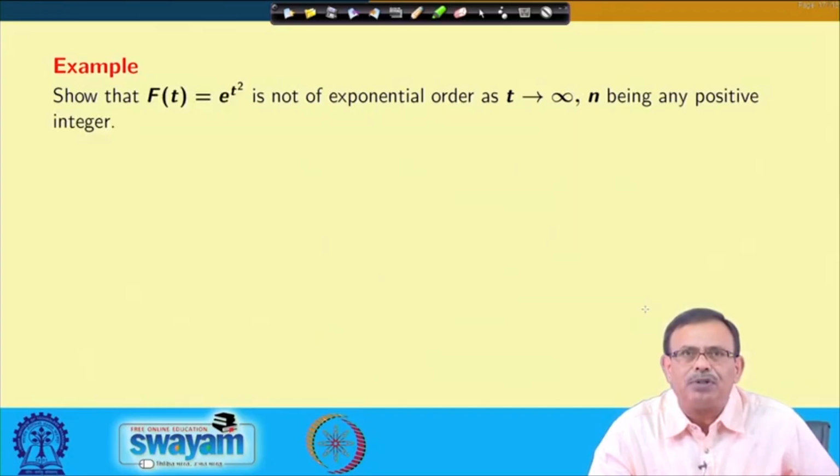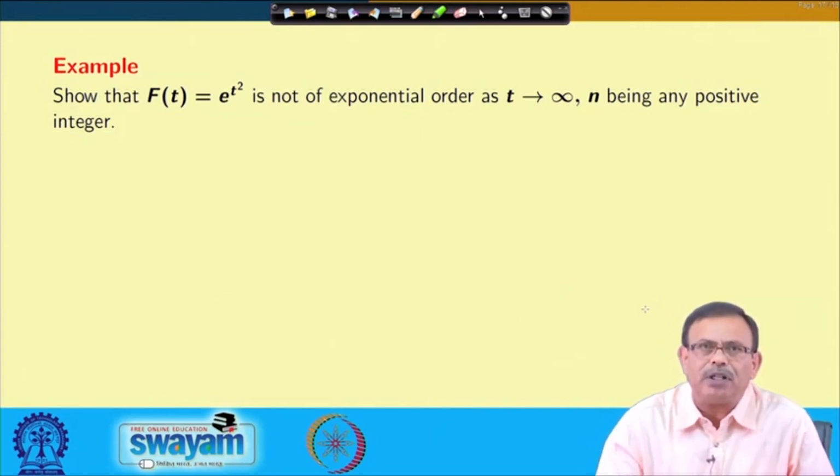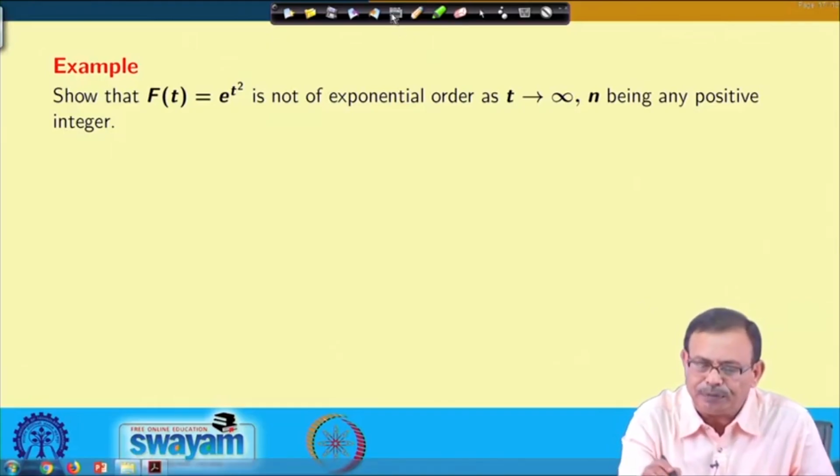In the next example, we show that f(t) equals e^(t^2) is not of exponential order as t approaches infinity, the opposite case.